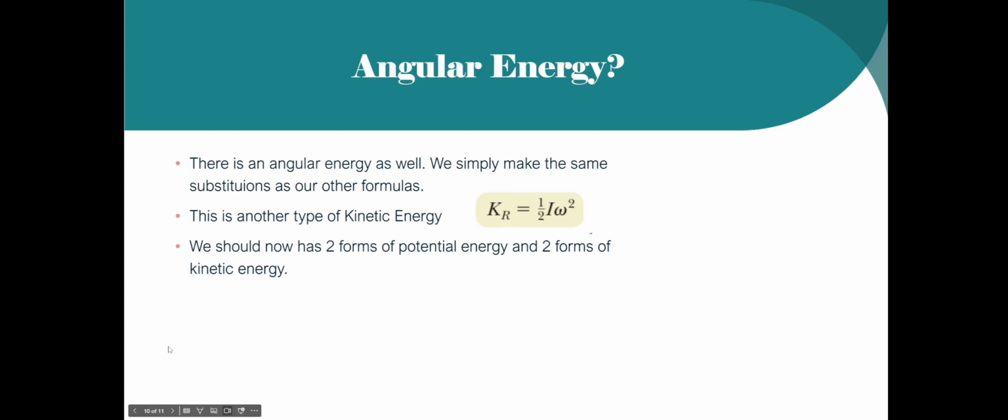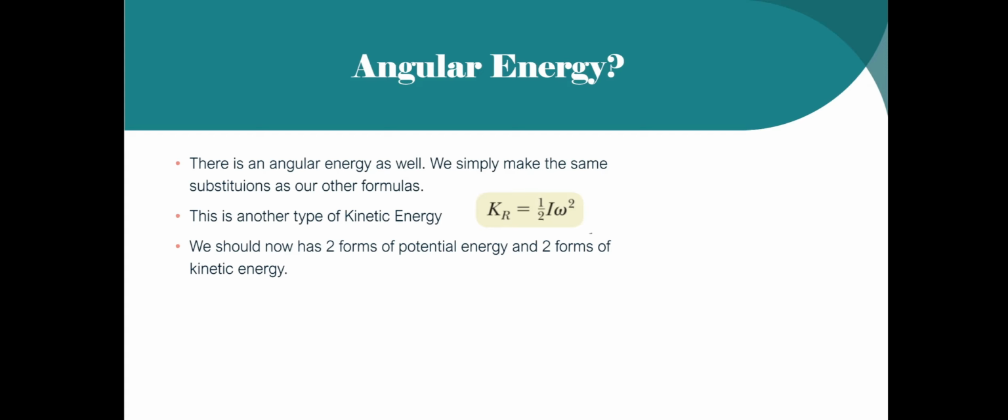Okay, how about angular energy? Well, yes, there's angular energy. Just like everything else, we just need to put it in the same terms. Okay, so let's substitute all of our energy terms for angular terms. So normally we would have kinetic energy be 1/2 mv squared.